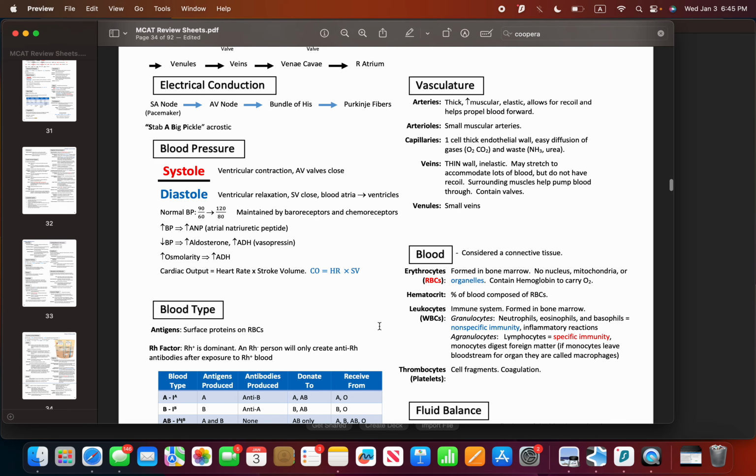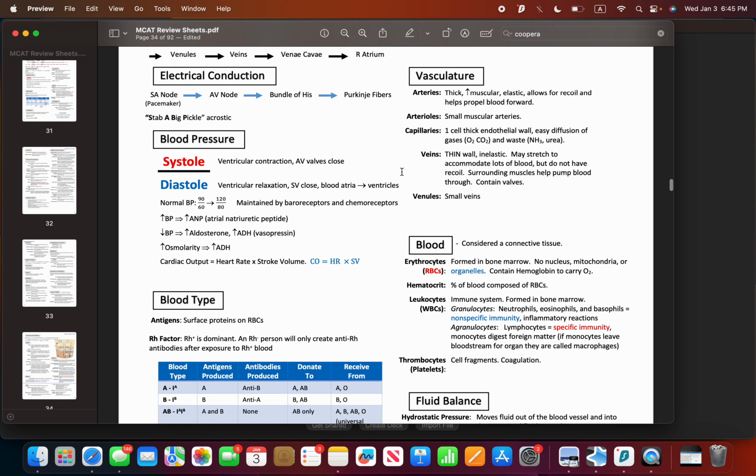Cool. So we also have here the vasculature. We know that arteries are thick, muscular, and elastic, they allow for recoil, and they help in propelling blood forward. We have arterioles. We know that the most drop in blood pressure happens here. They are small muscular arteries.